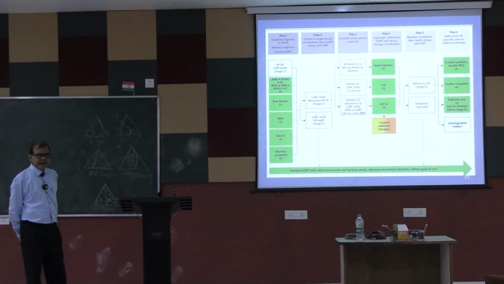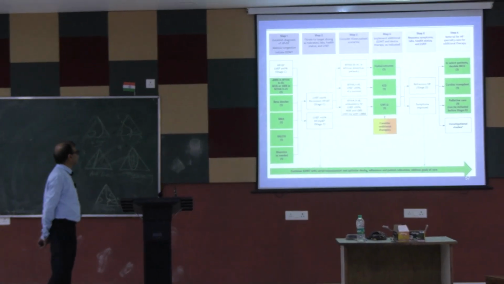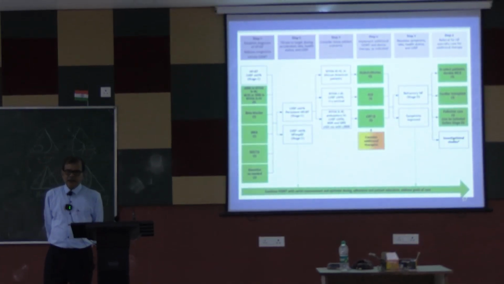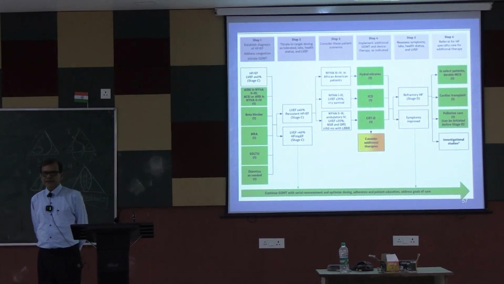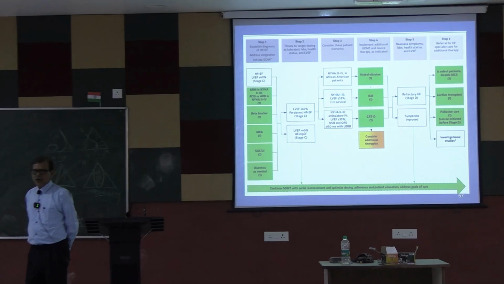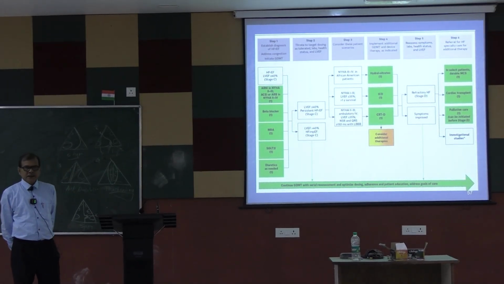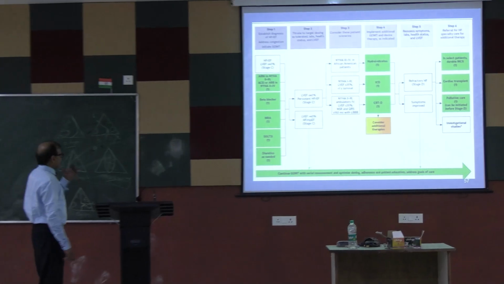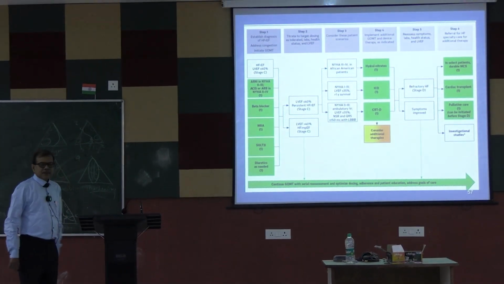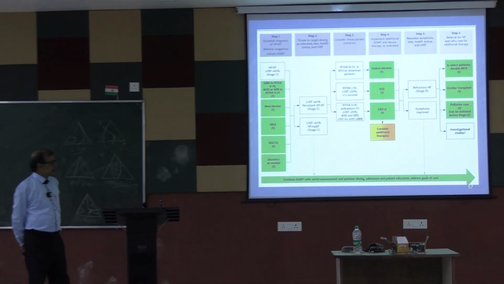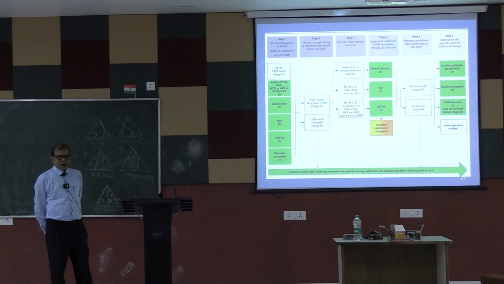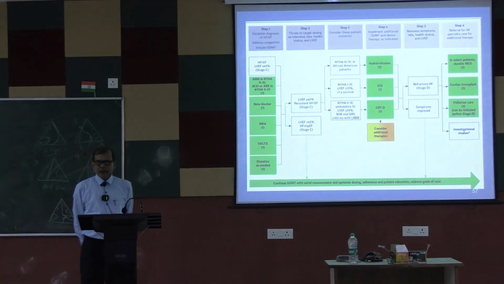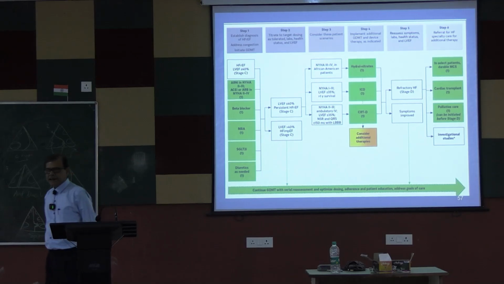Institution of GDMT includes ARNI, functional class 2 or 3, ACEI or ARB, functional class 2 to 4, and then you may add beta blocker, then MRA, then SGLT2, and lastly diuretic therapy.